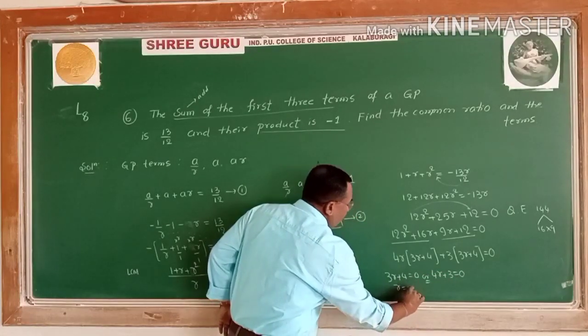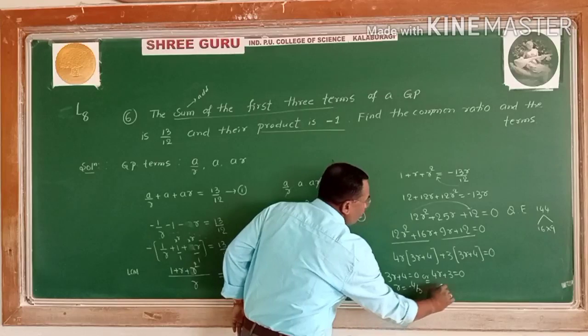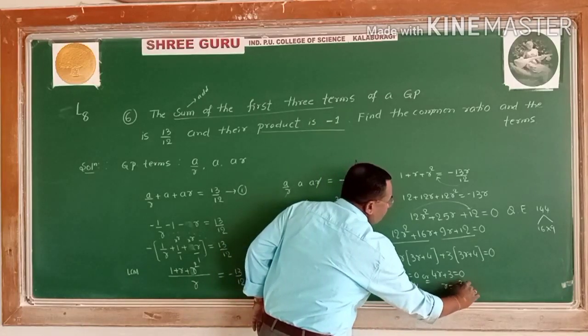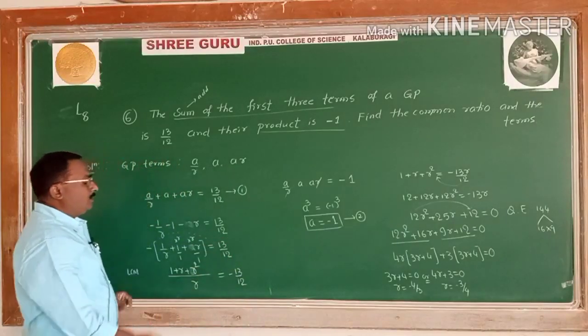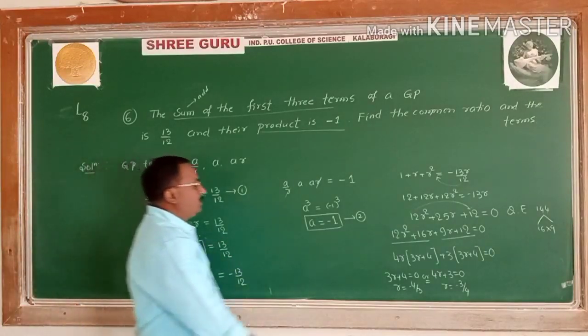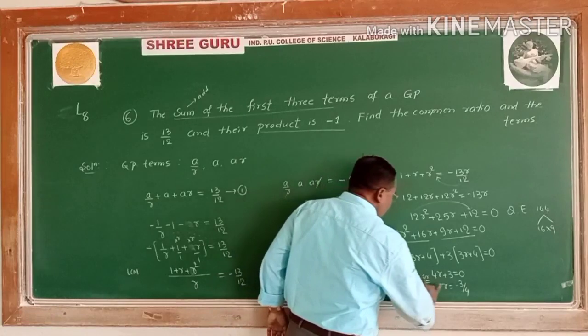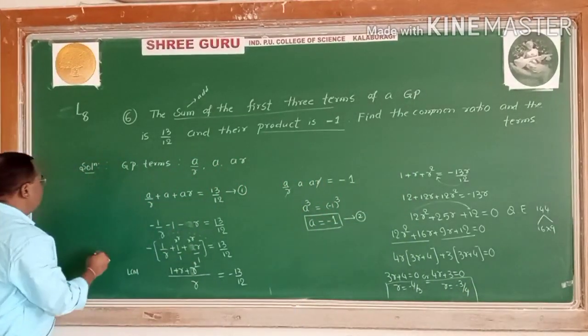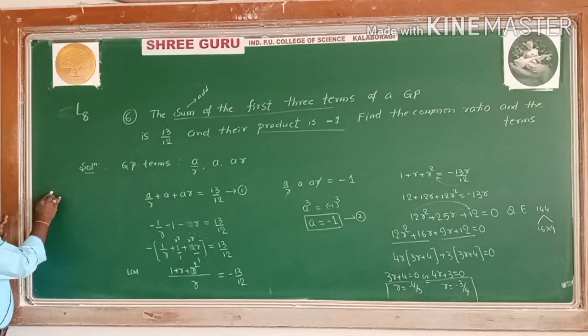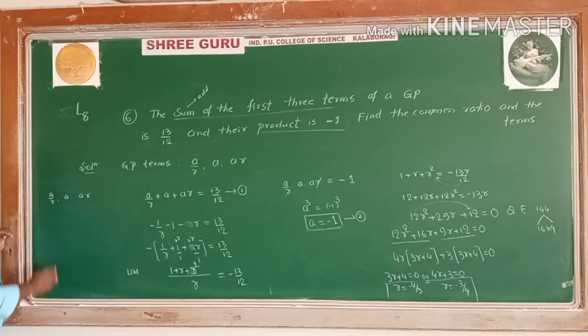R value is minus 4 by 3, R value is minus 3 by 4. A value is given, R value is there. Find the common ratio. Here the common ratio has 2 values, and the number of terms: write the terms A by R, A, AR. Substitute the A value and R value.